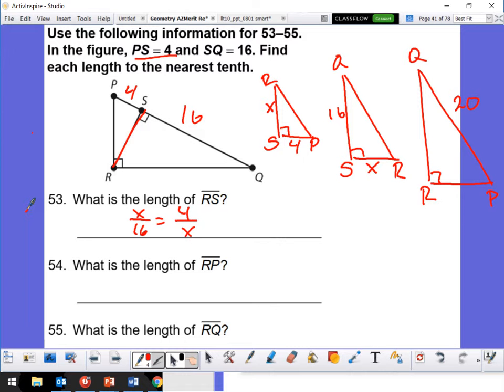All right, X times X is X squared. X squared equals 16 times 4, which is 64. Now, how do I undo a square? Square root. So square root both sides. X is going to be equal to the square root of 64. So X is 8.